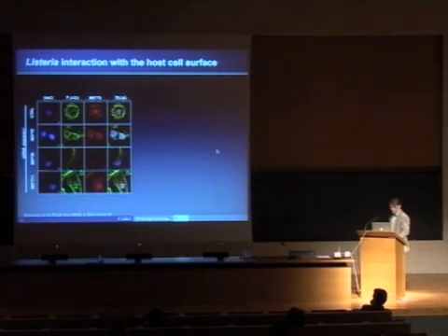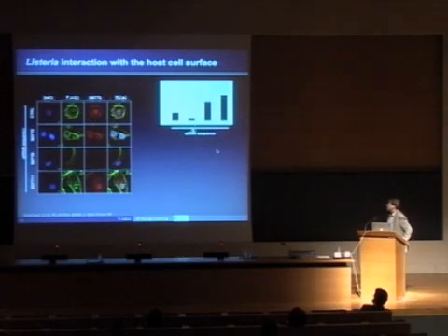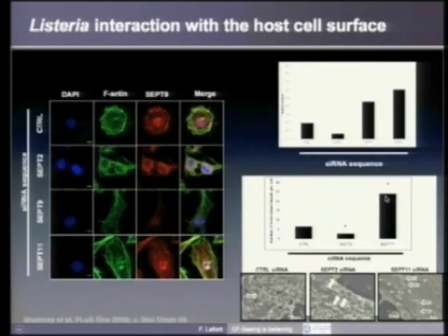But also, Listeria invasion was impaired on cells that were treated with different siRNA, and they could reproduce this result using beads that were also introduced by Javier, beads coated with internalin B. And what we decided to do, based on their results, is to study the interaction of internalin B with the MET receptor using atomic force microscopy.